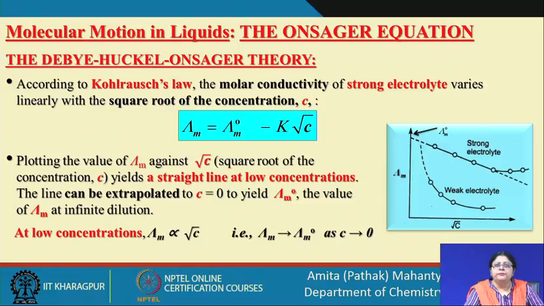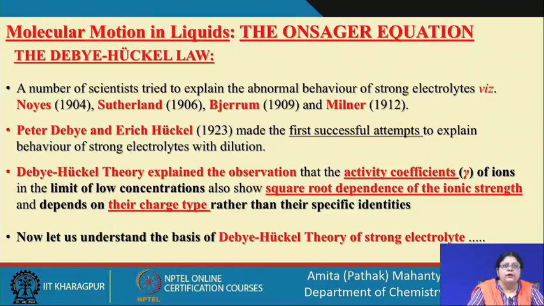A number of scientists have tried to explain the behavior of the strong electrolyte, and these are some of the scientists: Noyes and Sutherland, Bjerrum and Milner. Within about 10 years of each other, around 1912, we have some sort of explanation by these scientists.